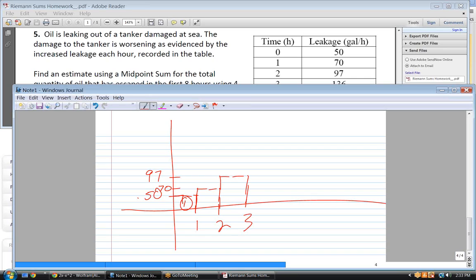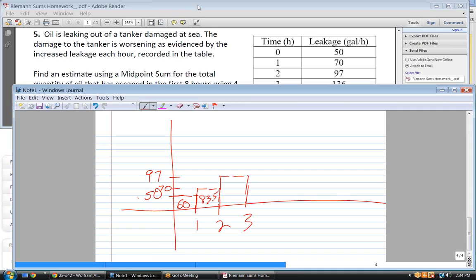So the height of this rectangle is 60, its width is 1, so the area of this first rectangle is 60. What is the area of this second rectangle? At 1.5, that's like 85-ish, 83.5. And so forth and so on for the rest of the problem.